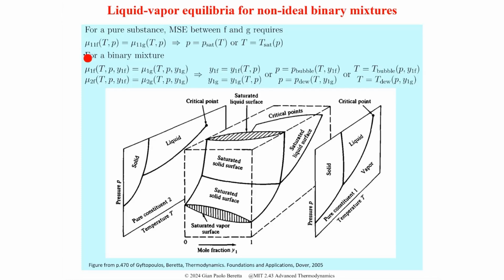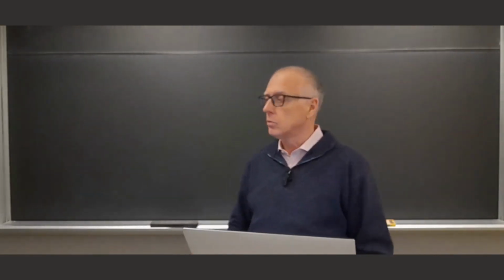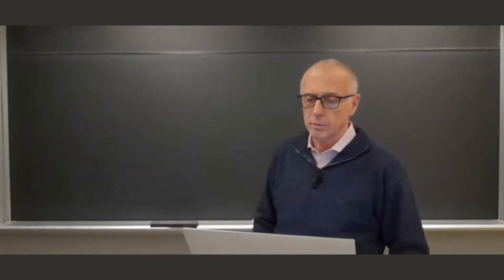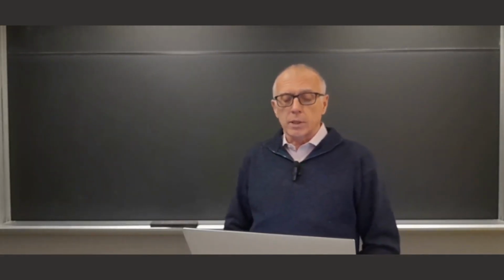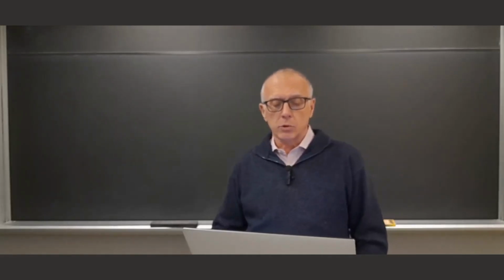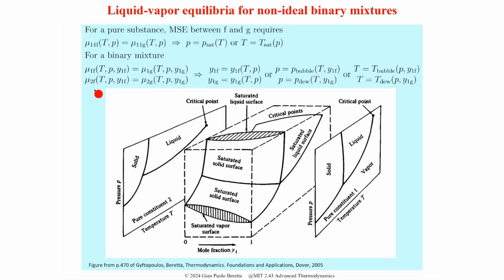So the equivalent for a binary mixture is that now, if both substances are volatile and condensable, you have two chemical potential equalities that are required for a mutual stable equilibrium between the two phases. Of course, the chemical potential is now not only a function of temperature and pressure, but also of composition.